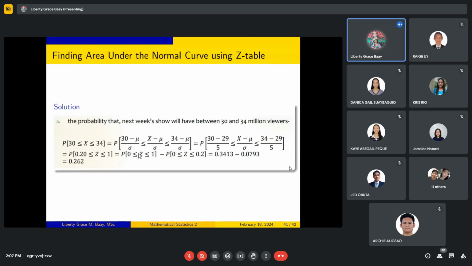So this is just equal to the probability of z between 0 to 1 minus the probability of z between 0 to 0.2. Okay, so for 0 to 1, it is 1.